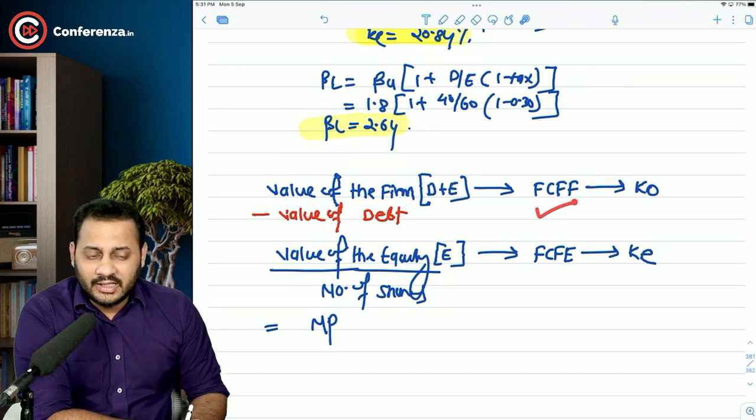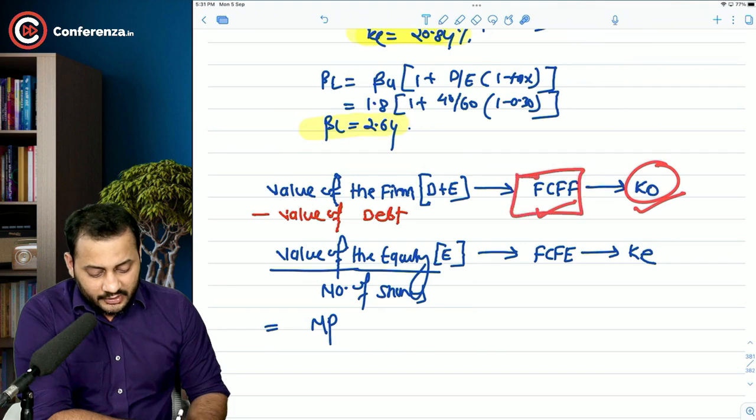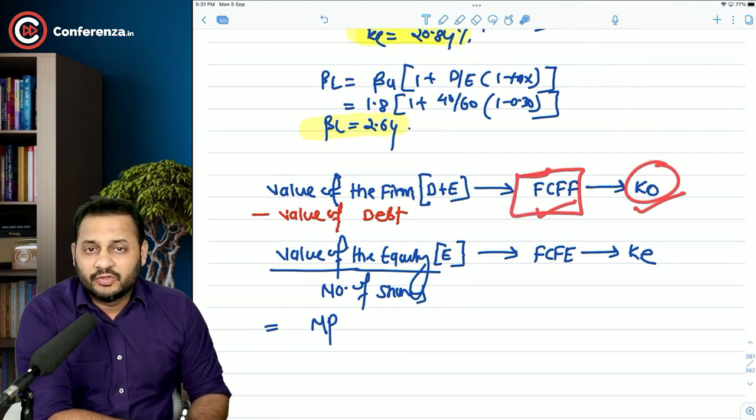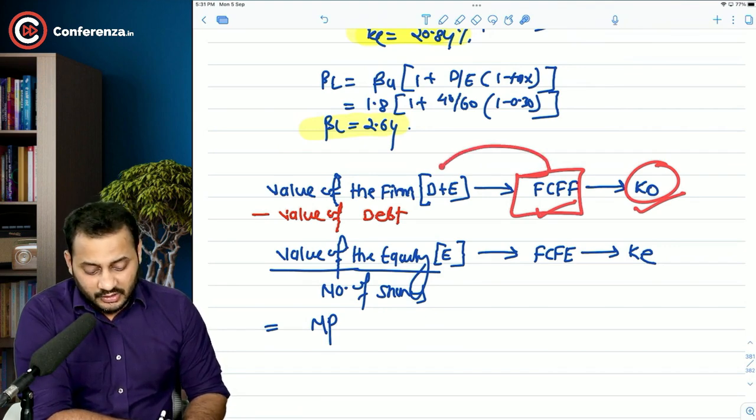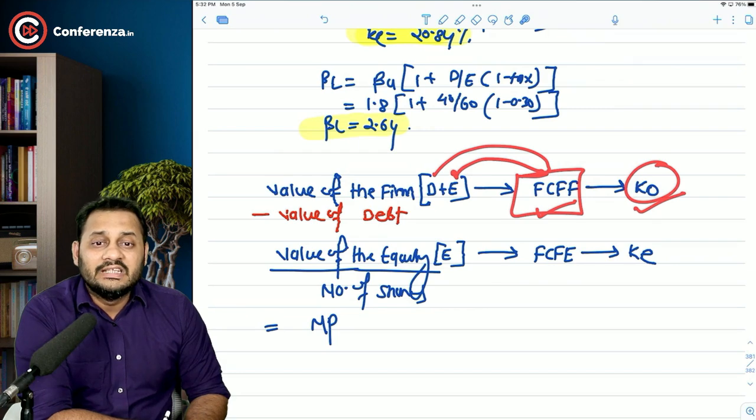Now, the important part is how to calculate the free cash flows to firm. Once you calculate that, it's very easy to discount it, and also very easy to calculate this Ko, WACC. Free cash flows to firm means calculating the cash flows out of which the amount becomes payable to these people. That means these cash flows should be calculated without taking into consideration any payment that has been made to these people.